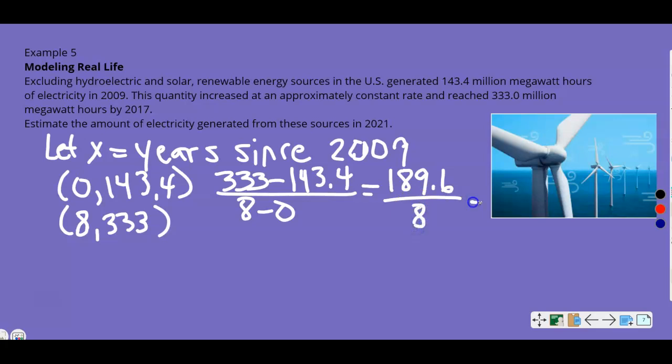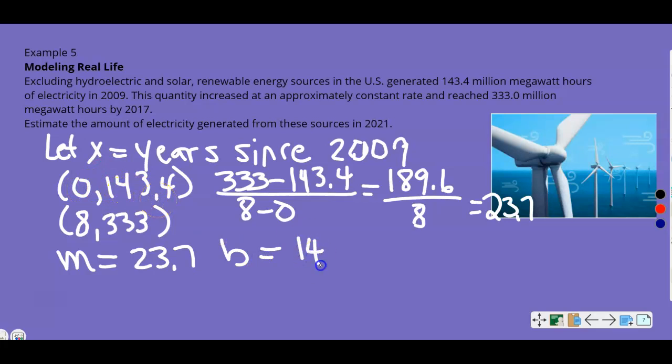All right, and if I reduce that, I'm going to get 23.7. So 189.6 divided by 8 is 23.7. So again, that's how we find our slope. So our slope equals 23.7, and our y-intercept, whenever x is 0, that's our y-intercept, so 143.4.